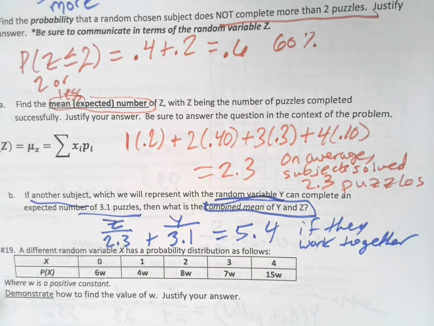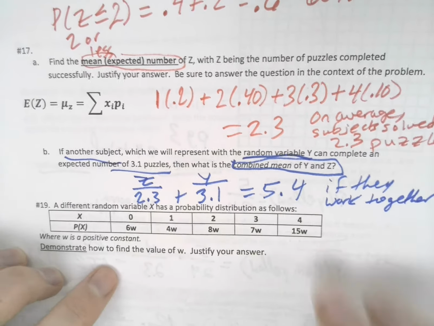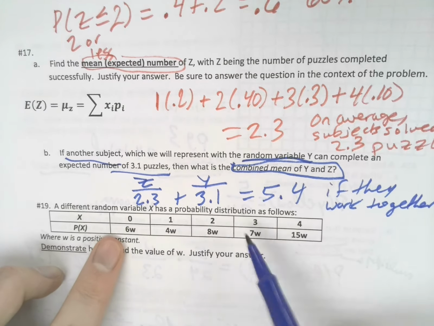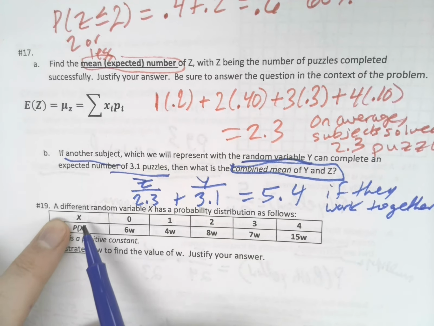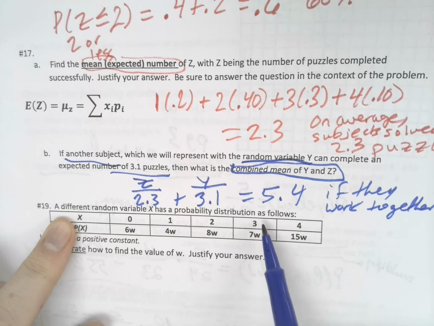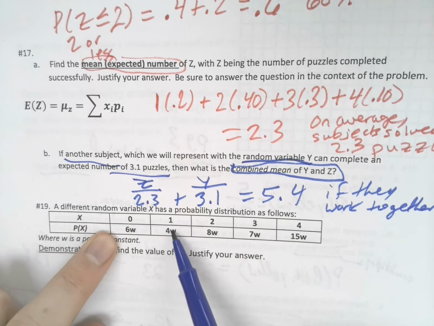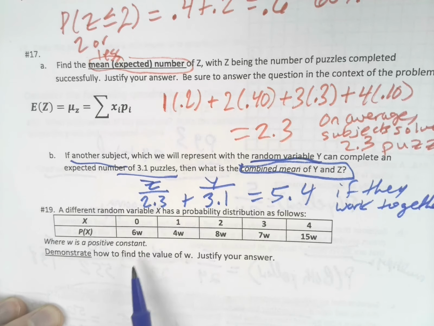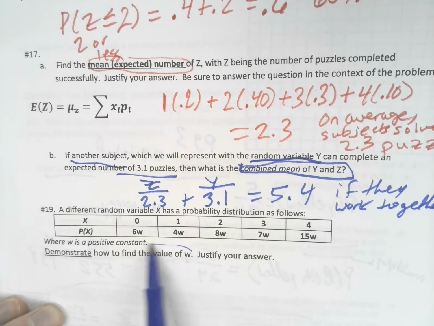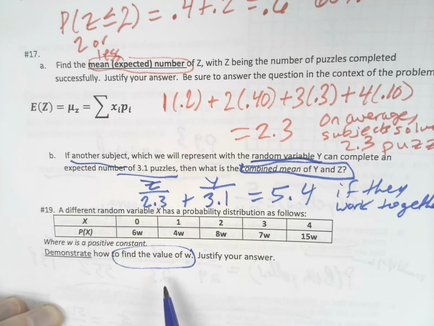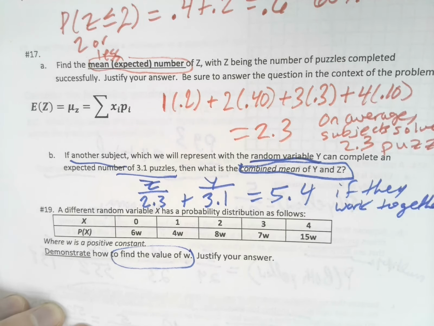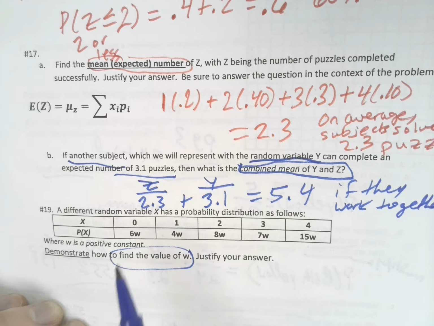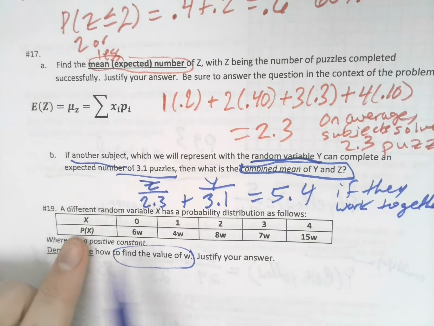And then finally, guys, to wrap up, last thing, we're given a new table, variable X. So these are events. We don't kind of know what they are. But here's the probability distribution for each of them. Now you're going to notice we got W's in here. We want to find out how to find the value of W. Now at first you're probably thinking, wait, okay, what does this have to do with the probability?